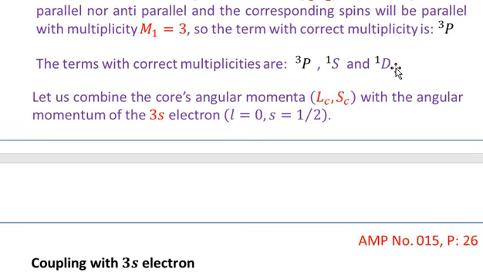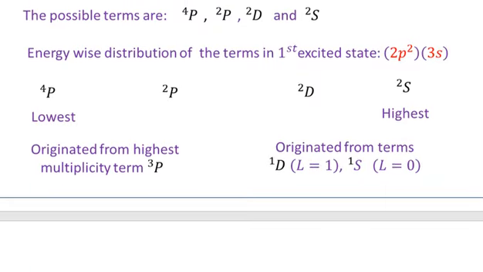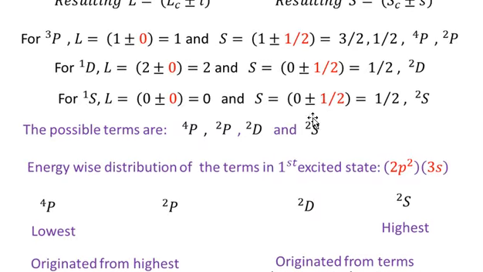You know that 1S and 1D have the same multiplicity, which is equal to 1. So when the multiplicity is the same, the second Hund's rule states that the highest value of L will have the lowest energy. D has the value of L is equal to 2, so it has the lowest energy in comparison with S. When I used 1D with the 3s electron, this 1D was converted into 2D, so I am arranging this 2D as the next lowest energy term.